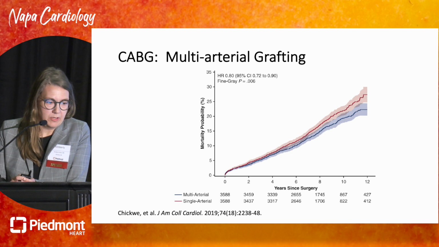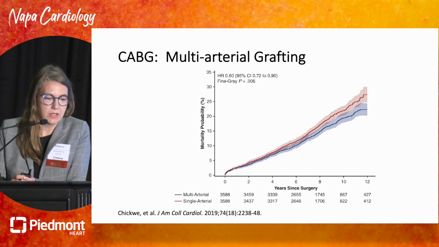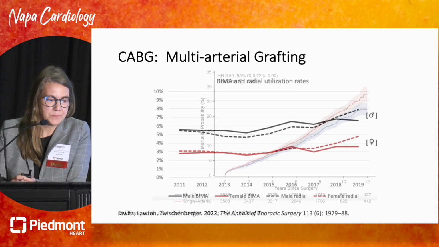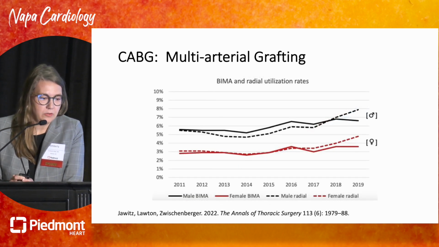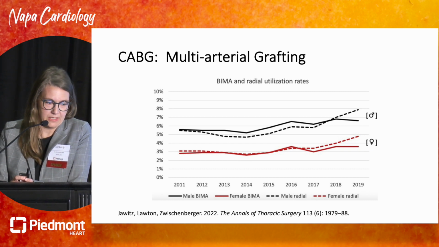Just a little bit about multi-arterial grafting. We're getting more and more information on this as we have late follow-up in these patients, and there is a late mortality benefit in patients who have multi-arterial grafting compared to LIMA to LAD and vein grafts. This graph shows the utilization of BIMAs in the black lines, and then radial utilization in the United States.